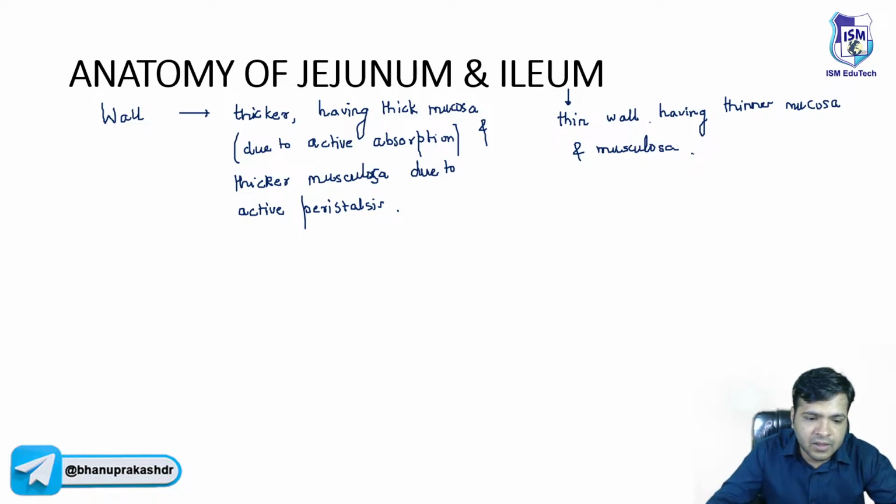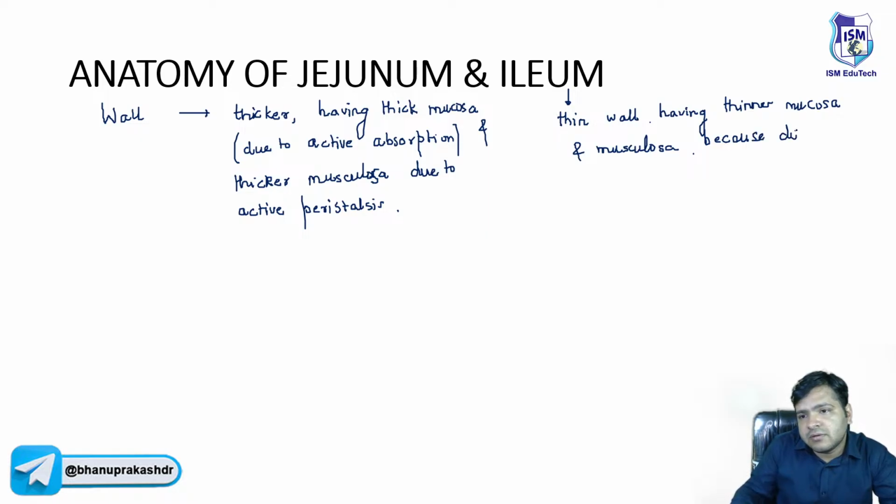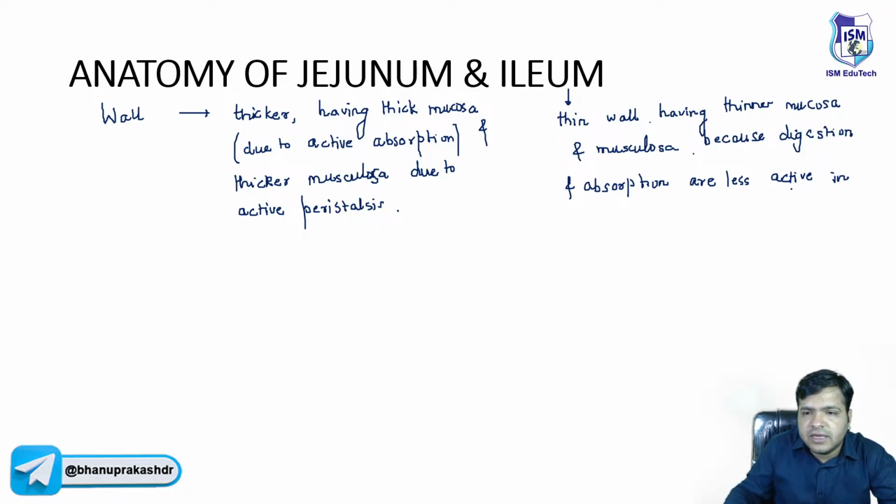So, why are they having thin wall and thin musculosa beta? Because digestion and absorption are less active in the ileum than jejunum.